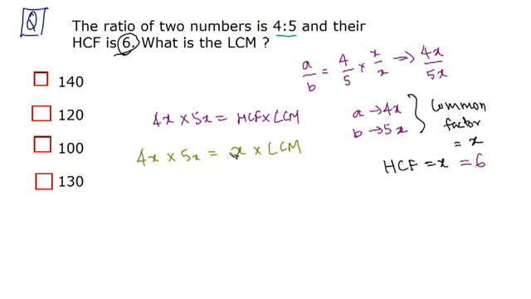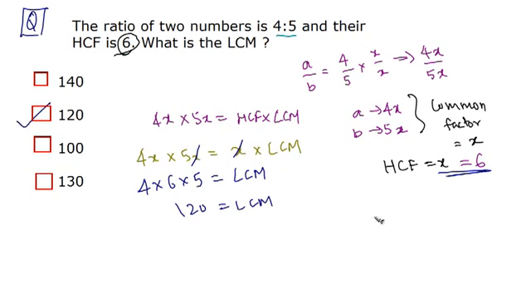One of the x's gets cancelled out. So we have 4 into x. The value of x is 6. So 4 into 6 into 5 is equal to LCM. So this turns out to be 120. Therefore the answer is 120.